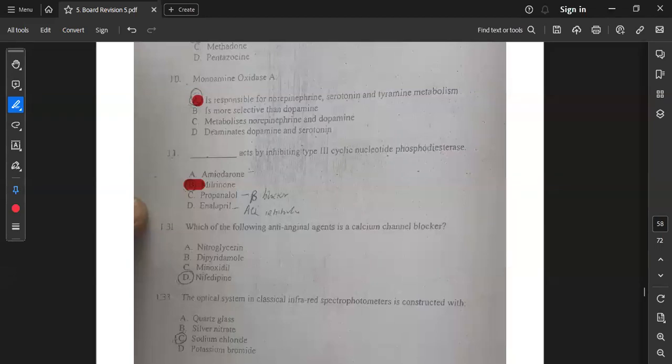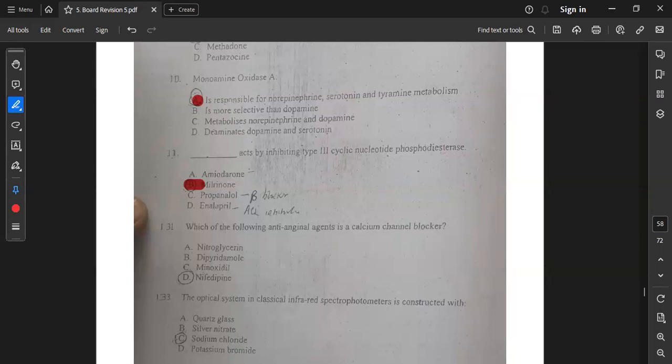Then when we go to unstable ischemic heart disease, essentially it is the acute coronary syndrome. Here we have the myocardial infarction, so the STEMI, ST elevation myocardial infarction, and non-STEMI, non-ST elevation myocardial infarction. Then also we have unstable angina.